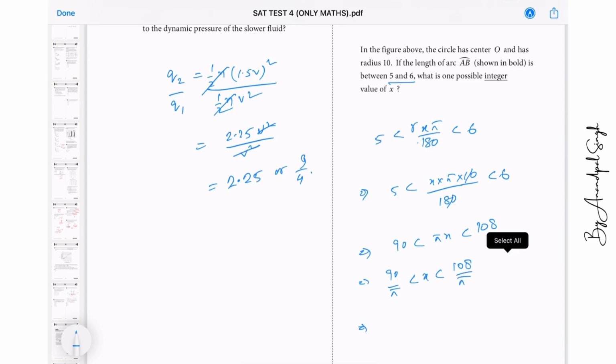So when I observe, 90 by pi gives you 28.6, and 108 by pi gives you, calculating, 34.4. So we can have any value between these two. So 29, 30, 31, 32, 33 and 34. Anything can be the answer.